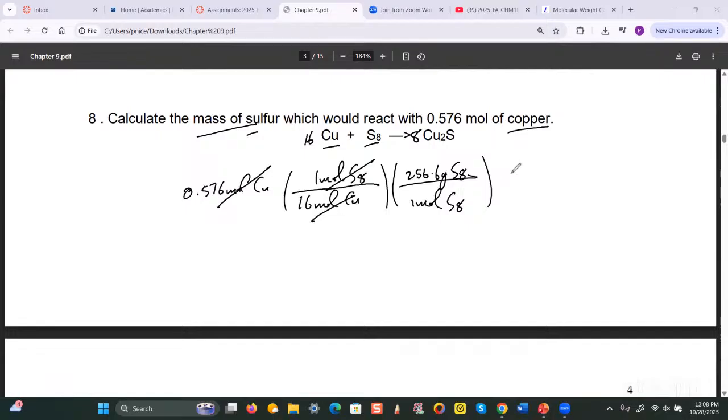That will cancel out with that, and then we do the calculation. So 0.576 divided by 16 times 256.6. And according to my calculation, rounded off to 3 sig figs, that would be 9.24 grams of S8. That's how I'll do that. All right.